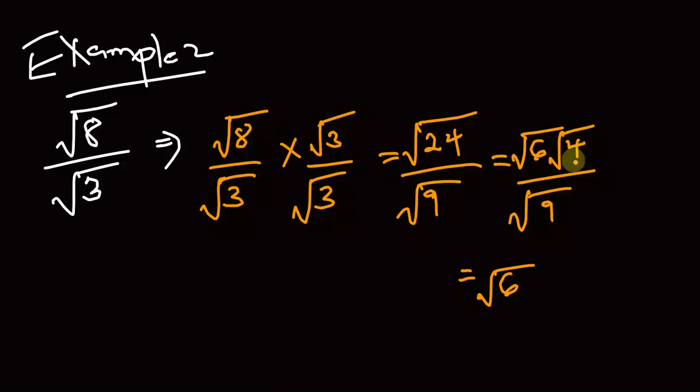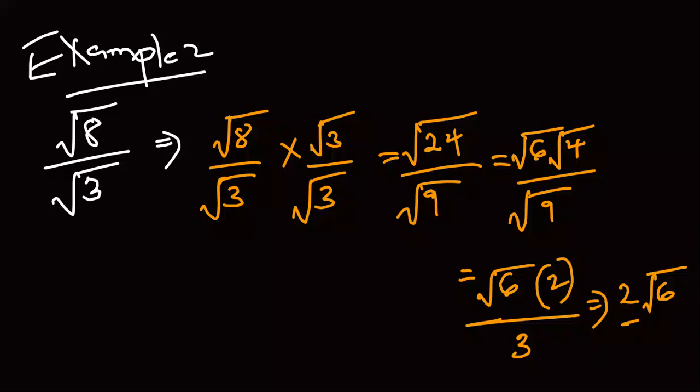Then what is root of 4? Root of 4 is 2. Then divide by, what is root of 9? It is 3. If I rewrite this, it's going to be 2 root 6 divided by 3. That will be our final answer.